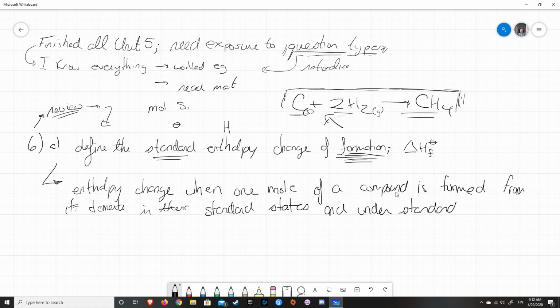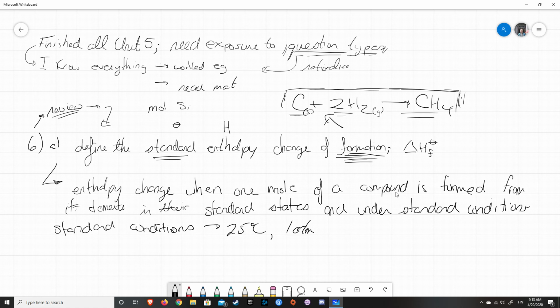What standard conditions means is that it was done at 25 degrees Celsius and 1 atmosphere of pressure.